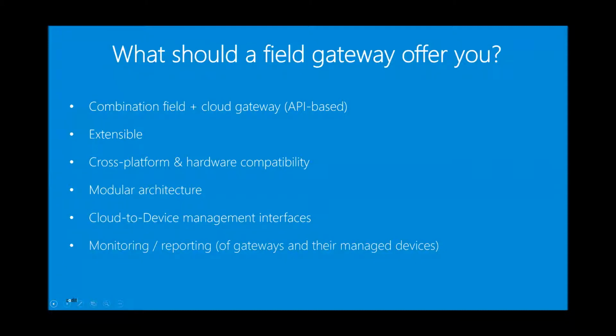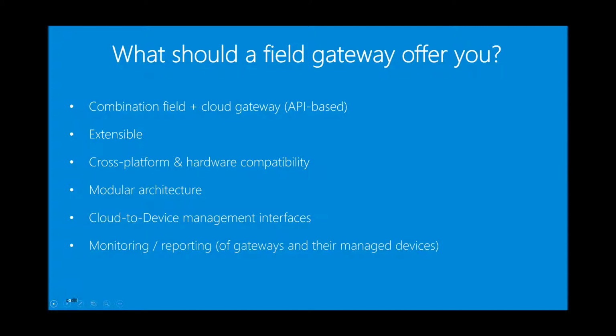I was at the Hanover fair for industrial automation last week, and you will see many companies that offer field gateways. And some of those gateways are little boxes that do one thing. For example, they integrate the OPC UA protocol over to the cloud.